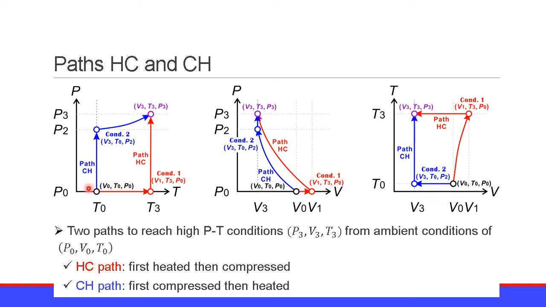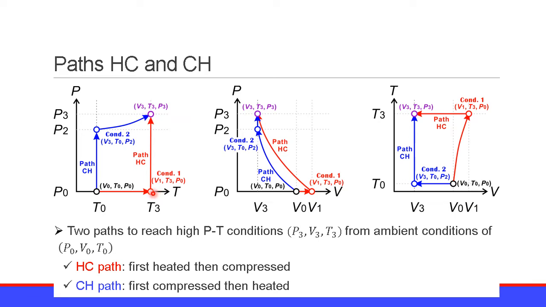This is on TP space, this is on VP space, and this is on VT space. The red arrows show the HC path, and blue ones show CH path.